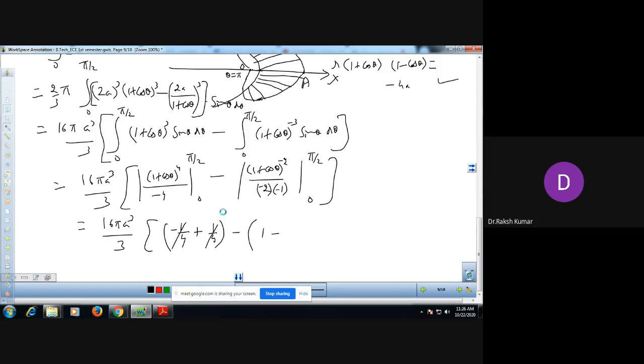When you substitute the lower limit here, just see, cos of 0 is 1. So 1 plus 1 is 2, and 2 raised to power 4 is not 1 by 4, that is 16. Please make the correction here. This is written wrong.